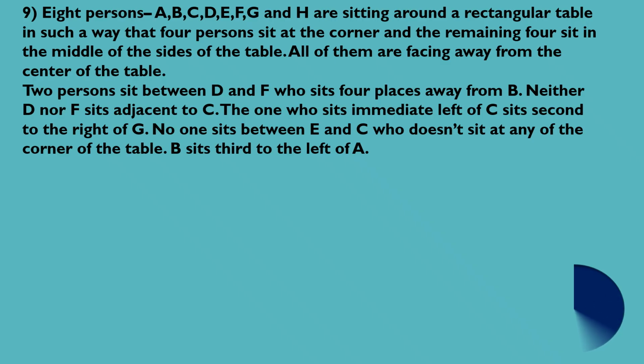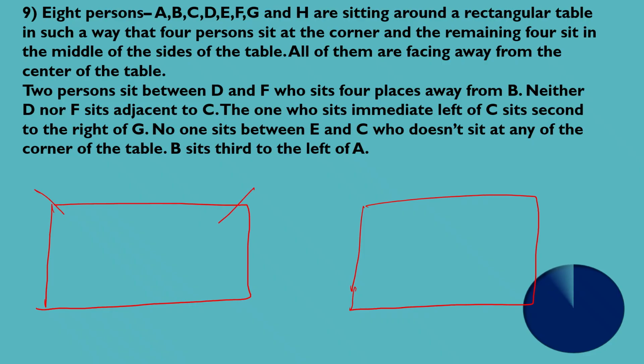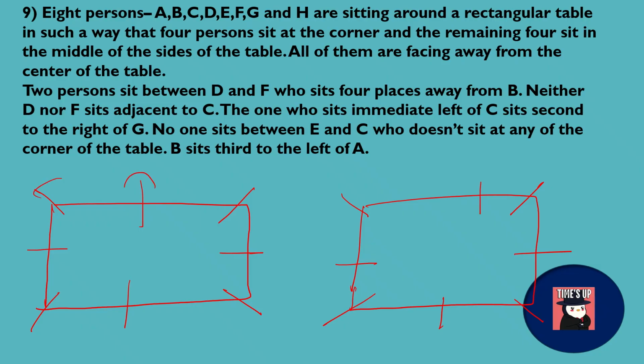All of them are facing away from the center of the table. 4 of them are sitting at the corner and another 4 are sitting at the middle. This is the arrangement and all are facing away from the table.